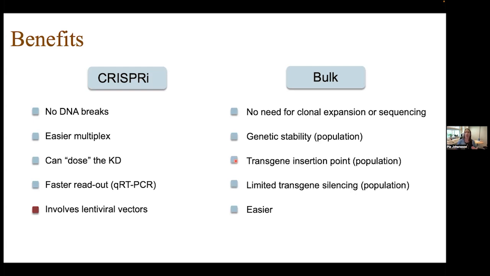So any ill effects that have happened due to expansion, due to insertion, or also silencing of the transgene in the population should be sort of nullified by the fact that we have so many clones. And in a lot of ways, it's easier, right? It's faster, you don't have to go clonal expansion, so you save time and you save money.